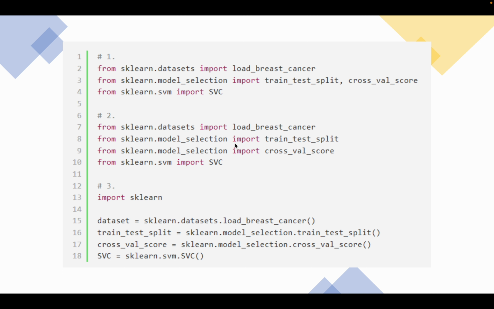And the second one is actually from the same module, but it's separated into 2 lines. But actually you can put it into just 1 line. And the third one, you just import the library and you point to the function that you want to use later on. So not very good to read, to understand.